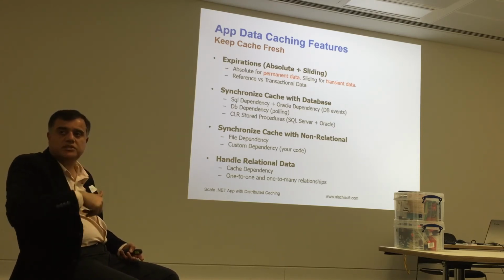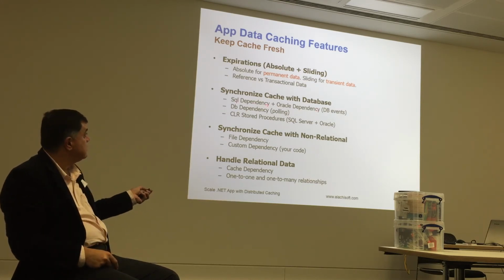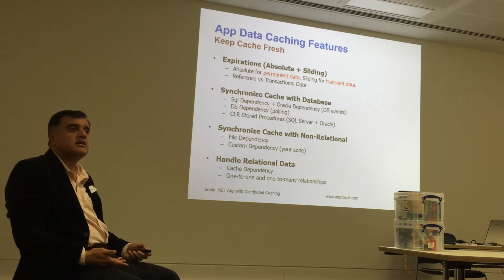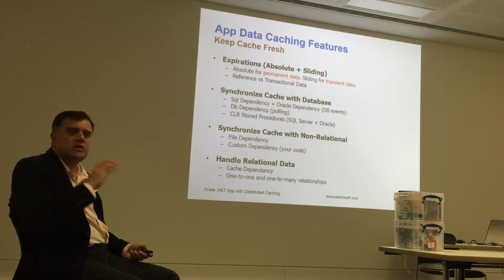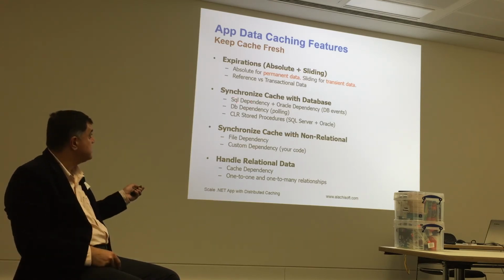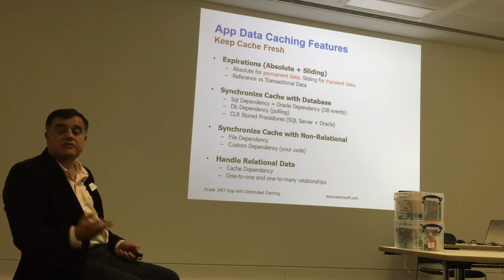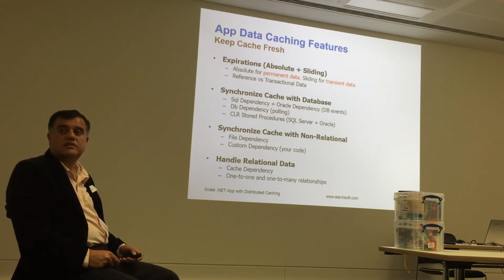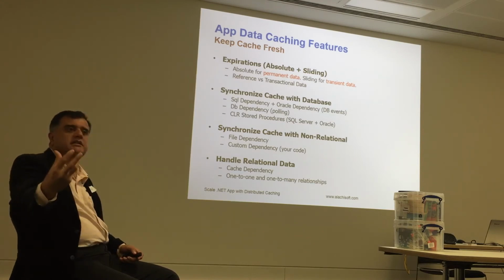So it's actually more efficient. It's not as real time as these, but if you can wait 15 seconds, then DB dependency is actually a better strategy. If you cannot wait 15 seconds, if you really want to do it immediately, then SQL dependency. And even more efficient is a CLR procedure, which is you initiate this from the database.